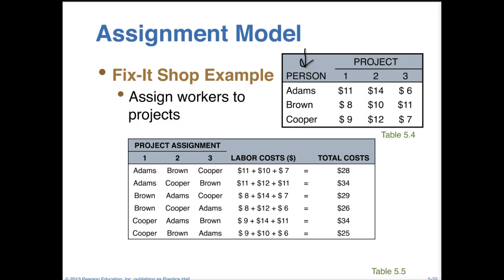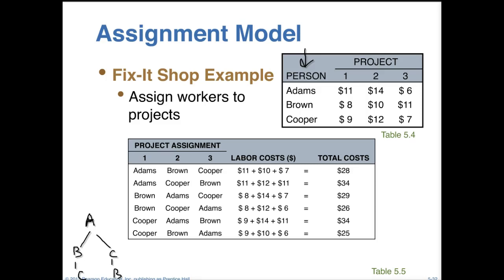And so how we actually get that is, let's say for project 1, if we wanted Adams to do project 1, then we only have 2 other choices here. We could either let Brown do project 2, and then Cooper do project 3, or we can let Cooper do project 2 and Brown do project 3.